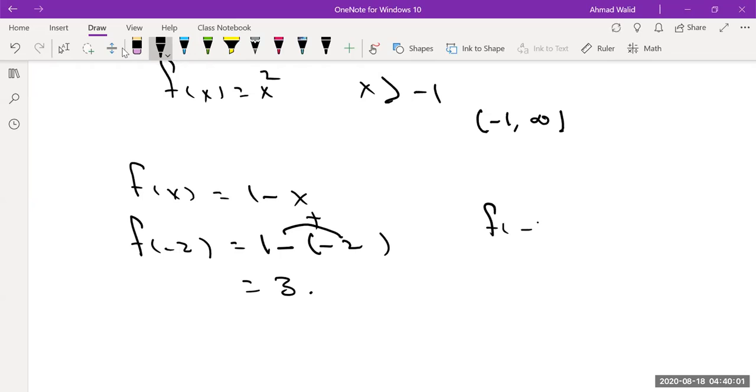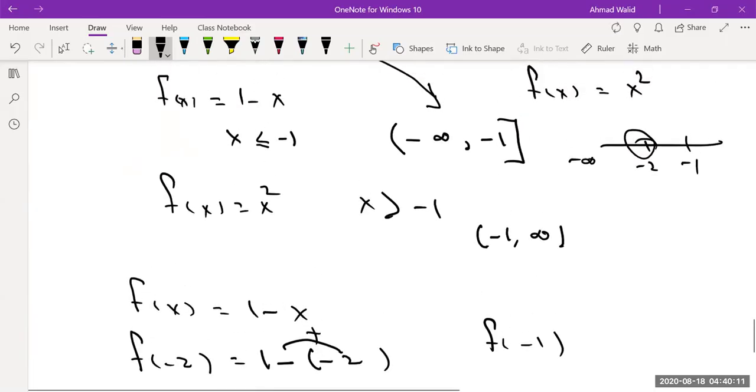Evaluate f of -1. To evaluate f of -1, can I plug -1 into my first function? Check the domain. What was the domain of the first function? From -infinity to -1. Yes, I can plug it into my first function. Can I plug -1 into the second function? The domain was from -1 to infinity. Can I plug it? Here I will say yes, I can plug it.